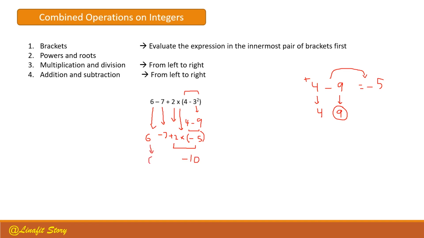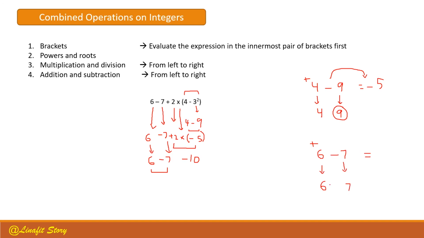Then 6 minus 7 minus 10. This is subtraction. This is subtraction. So you must work from the left to the right. 6 minus 7. Positive 6 minus 7. The absolute value of positive 6 is 6. The absolute value of negative 7 is 7.